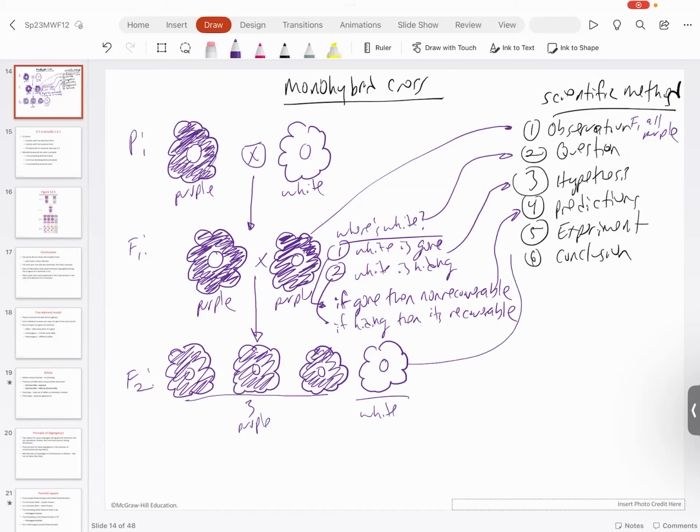So that's your experimental data, right? Now what's your conclusion? Did you recover white? So that suggests that your data supports the particulate hypothesis. Very simple, yes?